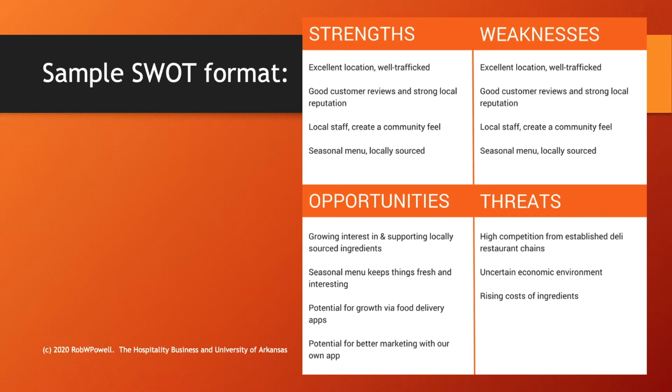So these files are in your assignment area. If you have any problems pulling them up, please let me know, as always. So here's an example SWOT format. And again, the template is available in your assignment folders.